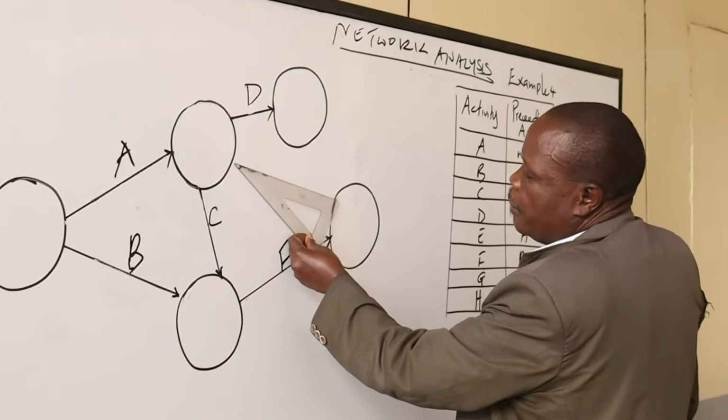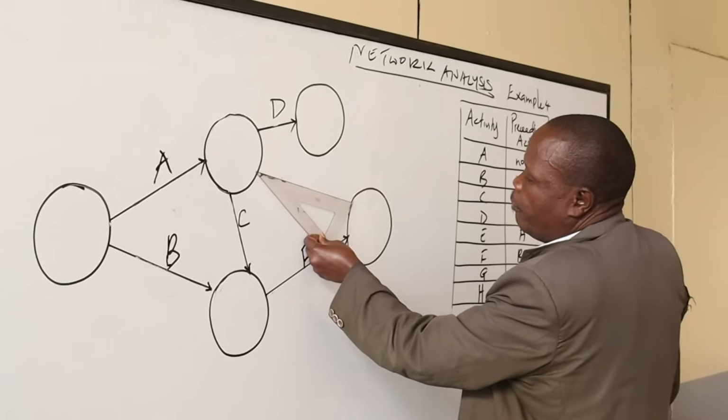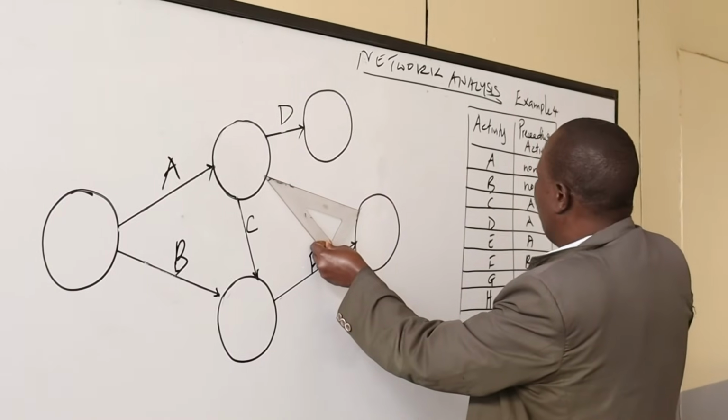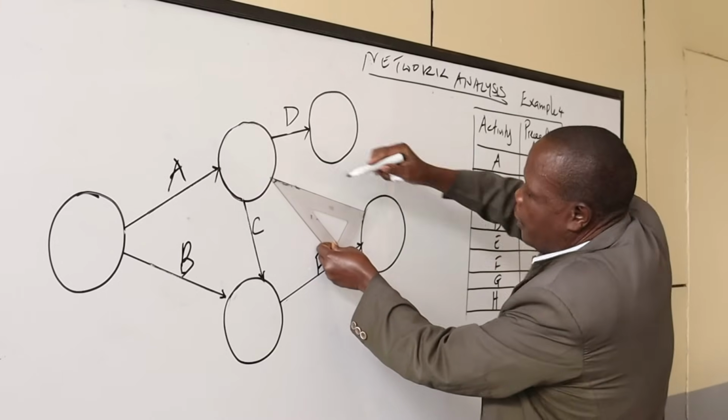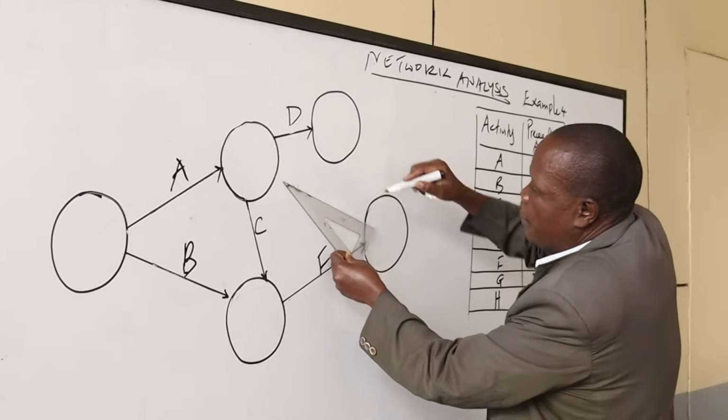That means E is coming from A, but it is going to converge with F, which is here.